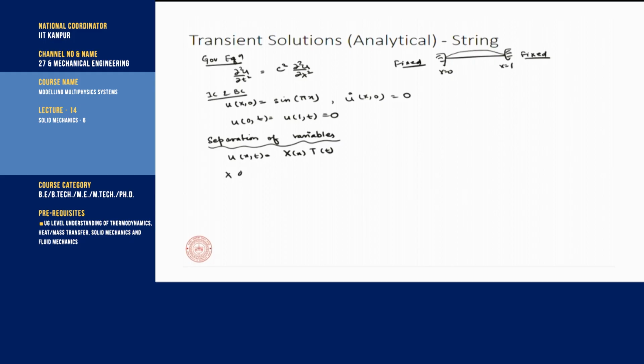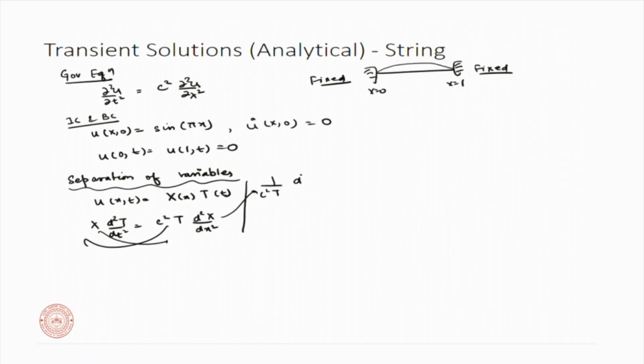We will have X d square T by dt square equals c square T d square X by dx square. We can then make some replacement. We bring c square T over here and X over here, so 1 by c square T d square T by dt square equals 1 by X d square X by dx square. This we take as minus lambda.